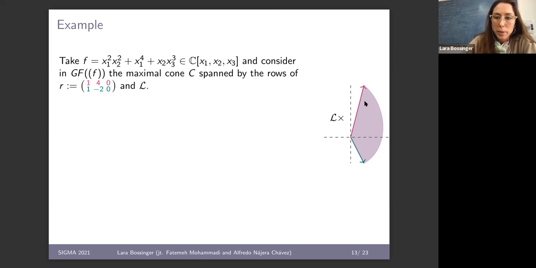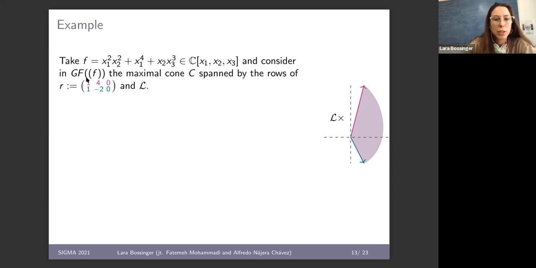In this subspace, I have a two-dimensional cone that is strictly convex in the quotient, and its primitive ray generators are 1, 4 and 1, minus 2. So (1, 4, 0) and (1, -2, 0) are representatives of the primitive ray generators in R3.